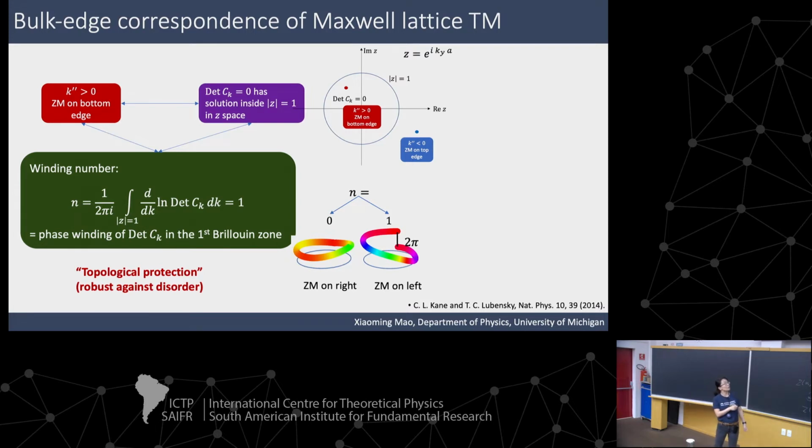So you go around this circle. And then you realize that any point inside the circle corresponds to k having an imaginary part that is positive, right? If you put a positive imaginary part here, you will see that the modulus of z will be smaller than 1. If you put a negative imaginary part, it will be points outside of the circle, right? Yes?